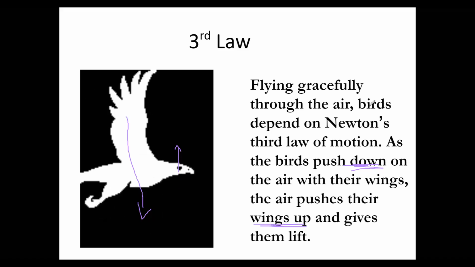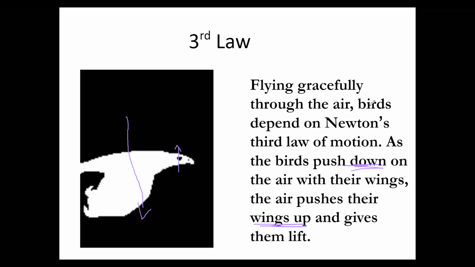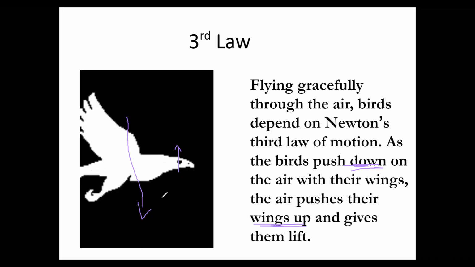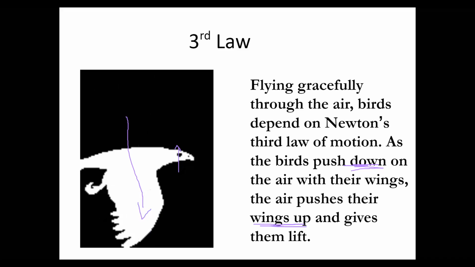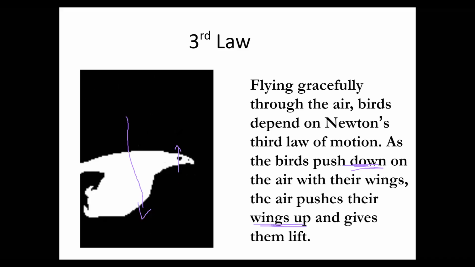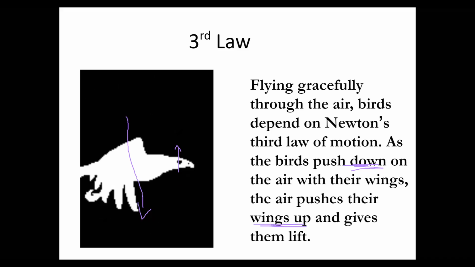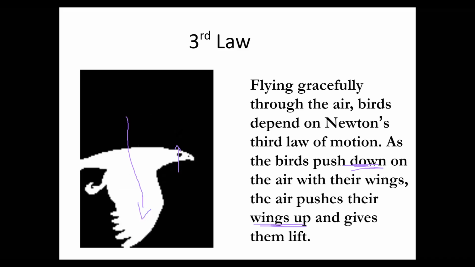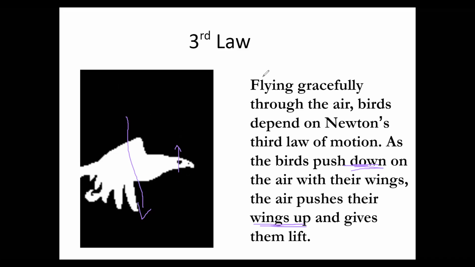So again, opposite actions. One action, moving the wing down, creates the second reaction of the bird moving up. The wing is exerting a force on the air, and the air is exerting a force on the bird. That's what allows birds to be able to fly.